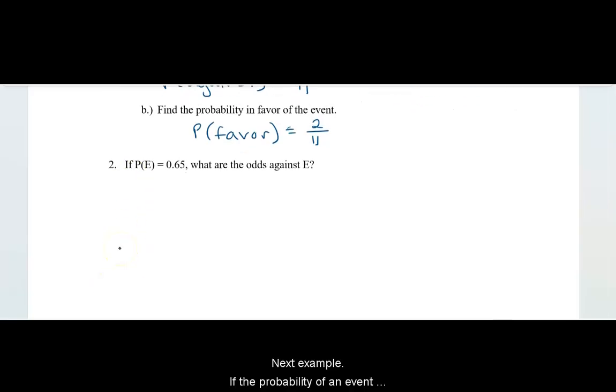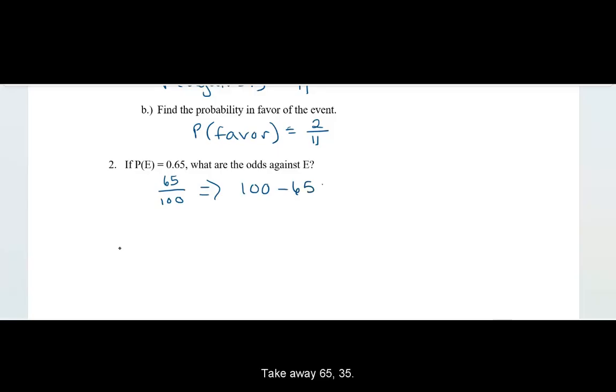Next example, if the probability of an event is 0.65, what are the odds against the event? All right, probability is 0.65. As a fraction, remember that would be 65 out of 100. Well, then that means I can split this up. What is 100 take away 65? 35. Okay, let me just underline. So notice this, we just split the total of the probability, and now we have the two numbers that we need.